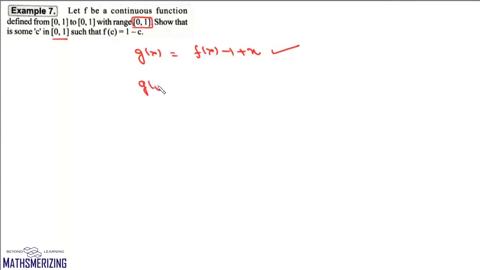Now if we find g(0), it will be f(0) − 1, and since the range of this function is from 0 to 1, this value will be less than or equal to 0. And in the same way, we can find g(1), and g(1) will be f(1) − 1 + 1, which is f(1), and since its range is from 0 to 1, it is greater than or equal to 0.